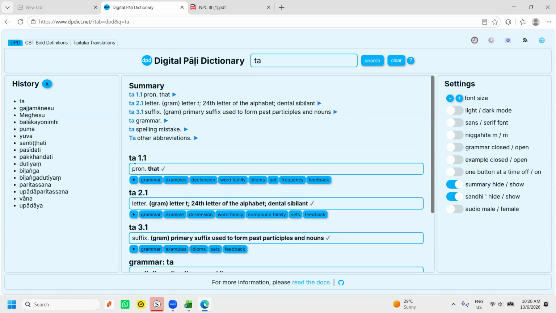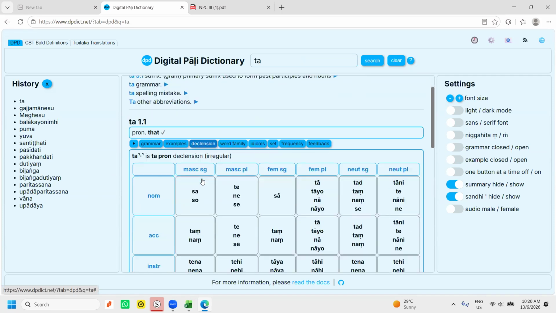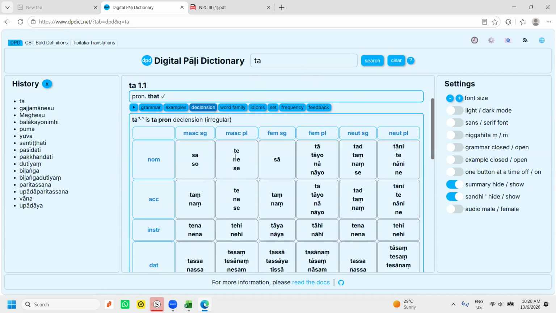Normally ta, you see that, you will get te as a plural. Normally you get nominative sa, te, and so on. Can you see there is one long a here? What's this one long a?